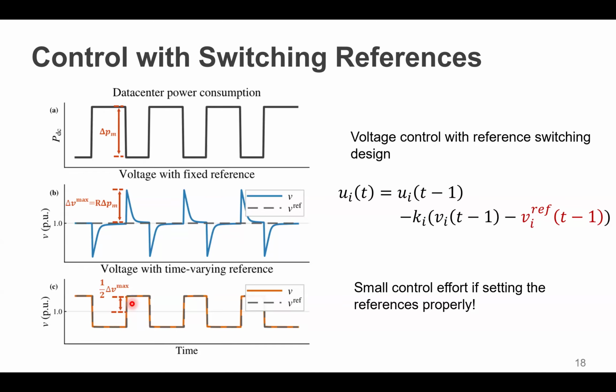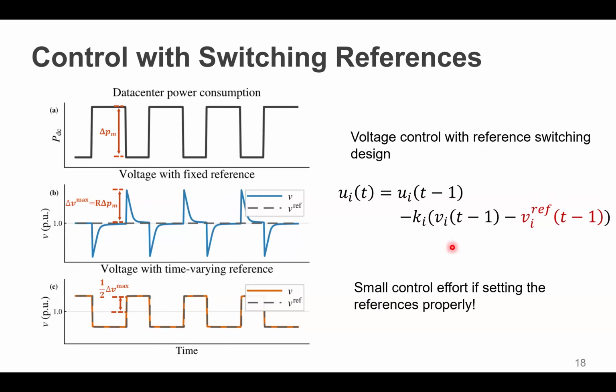And especially, by setting up the reference properly, in this example half of the magnitude of the delta V max, the voltage reference can follow exactly the trend of the voltage deviation term here. Under these circumstances, the second part, the controlled adjustment term, will just become 0, right?